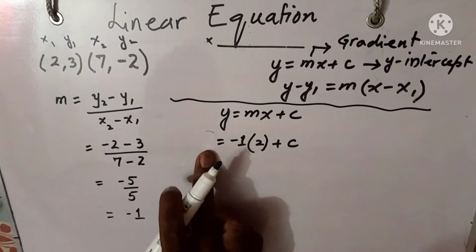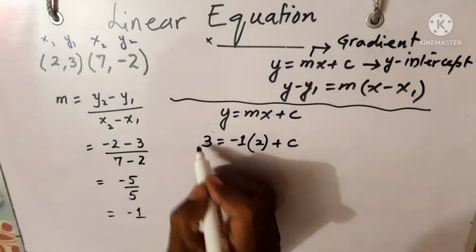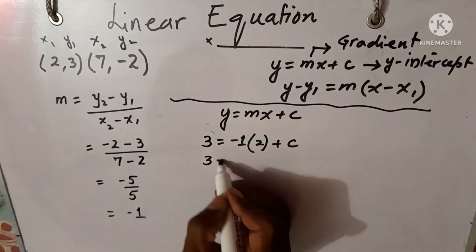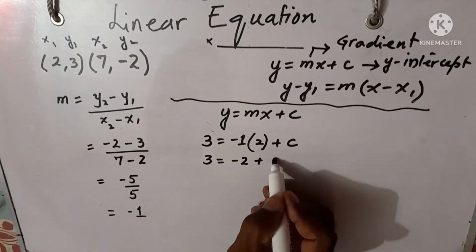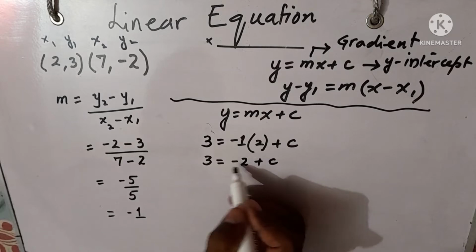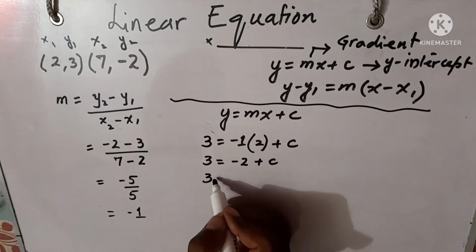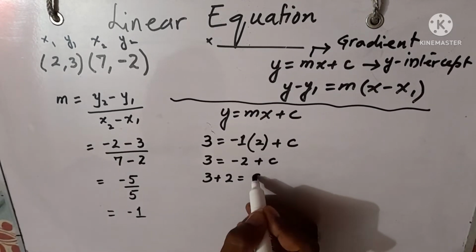Then I will further simplify. -1 times 2 will remain -2 plus c. Then I will bring this -2 to my left side, it will become 3 plus 2 equals c.